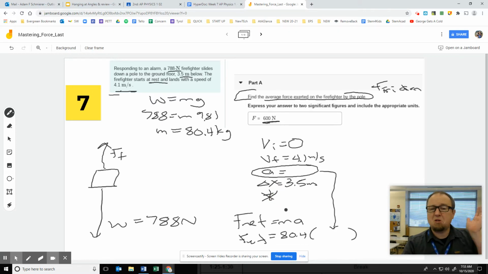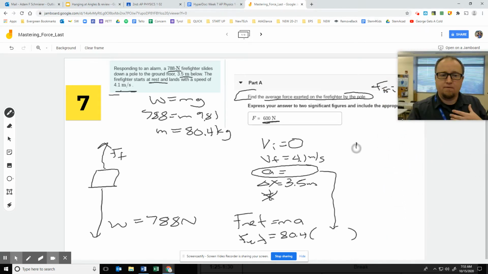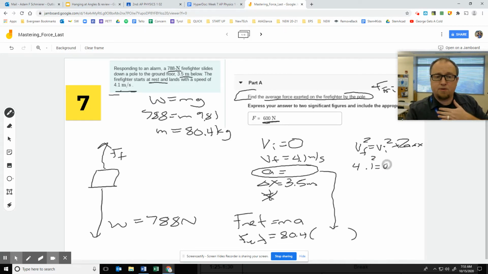Don't know, and I'm not worried about it right now. So I'm going to use the equation that does not deal with time: Vf squared equals V initial squared plus 2a delta x. V final squared is 4.1 squared, remember, don't forget the squared, equals 0 squared plus 2a delta x.